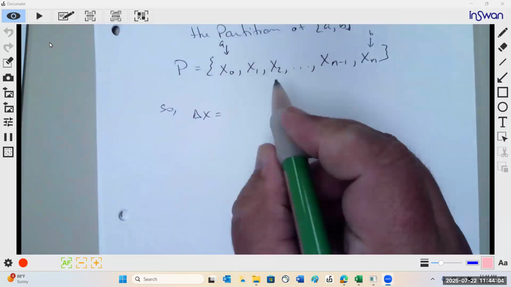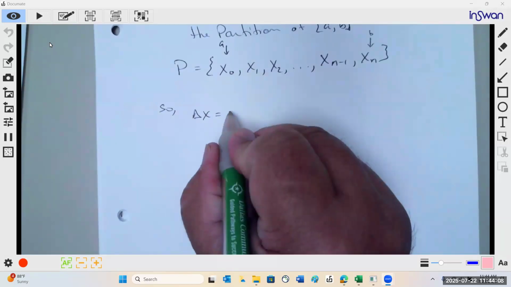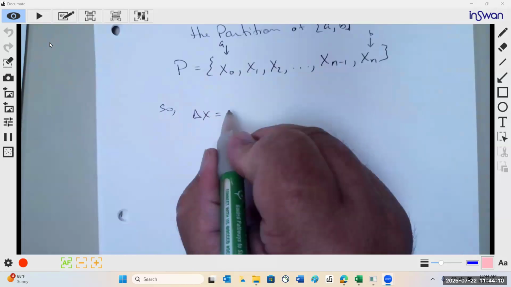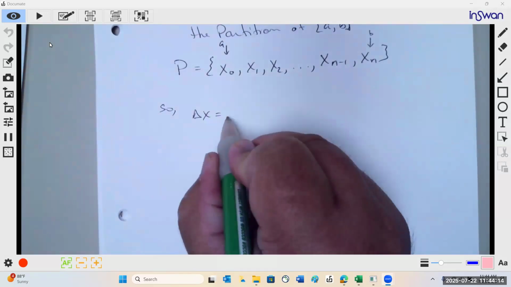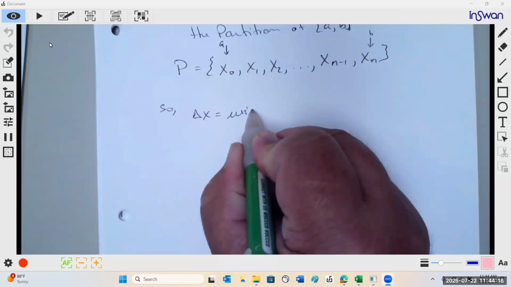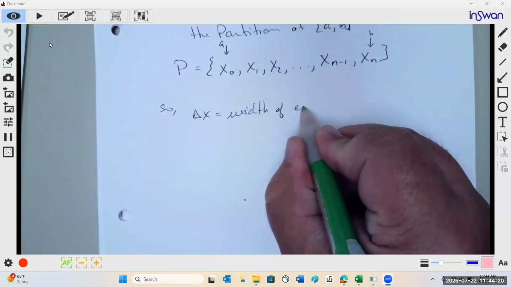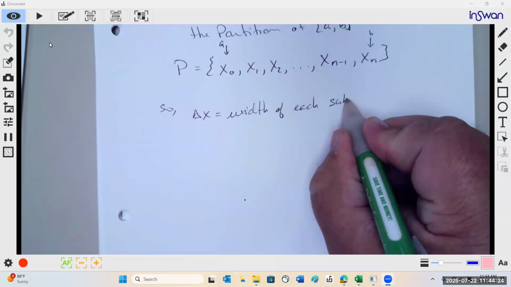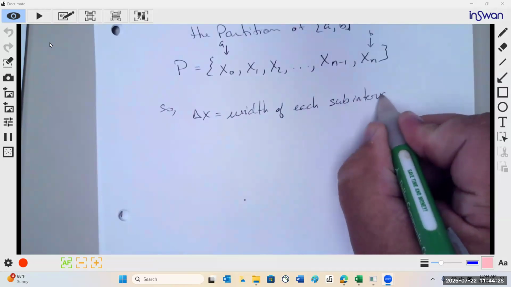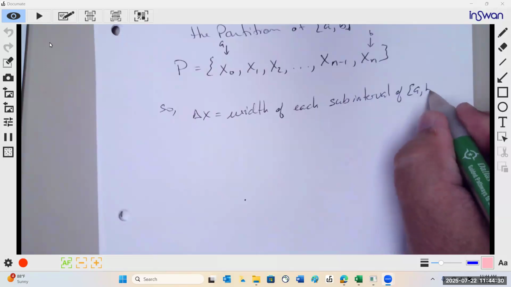So delta x is... how would I define delta x? Width of each subinterval of the closed interval AB.